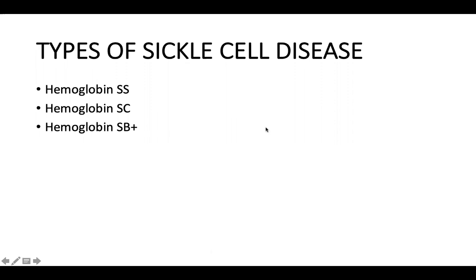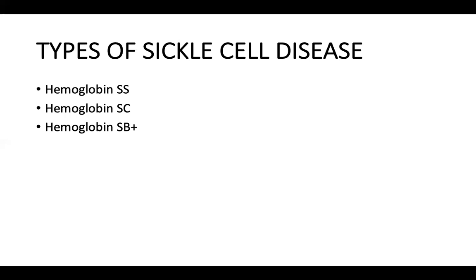C is also a point mutation. Instead of going to valine, it goes to leucine. And SC disease, they don't tend to get as many crises as SS disease.